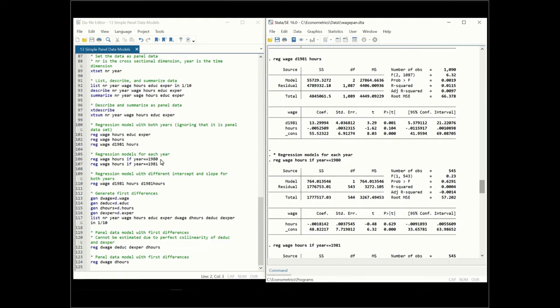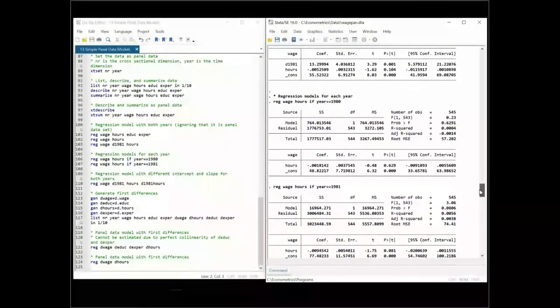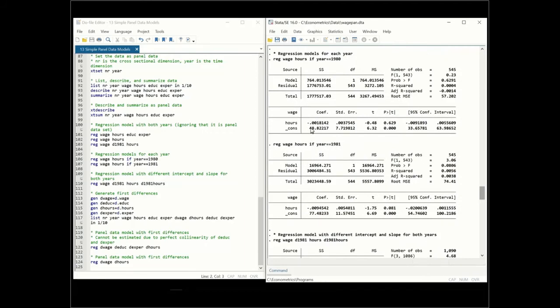We could also be estimating 2 separate regressions, one for each year. So here we have a regression for the first year and for the second year. And if we're estimating these models, we see that, again, the coefficient here is not significant.